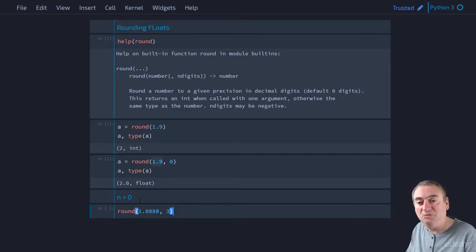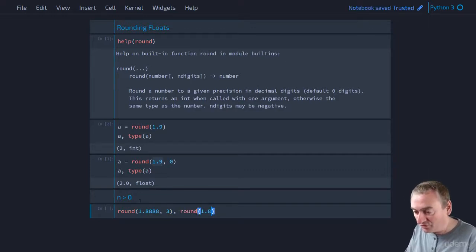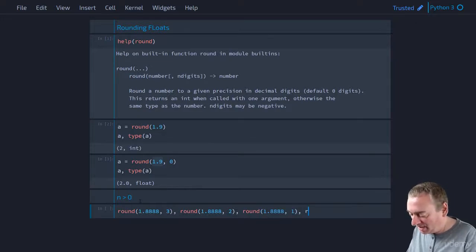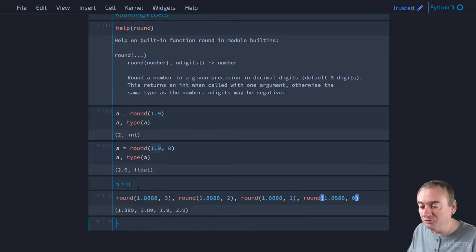To the closest multiple of 0.001, in other words. And so I want to show you the progression this way. So we'll take the same number, round to 2, and then we'll round 1.8888 to 1, and we can even round 1.8888 to 0, right, which we've seen before.